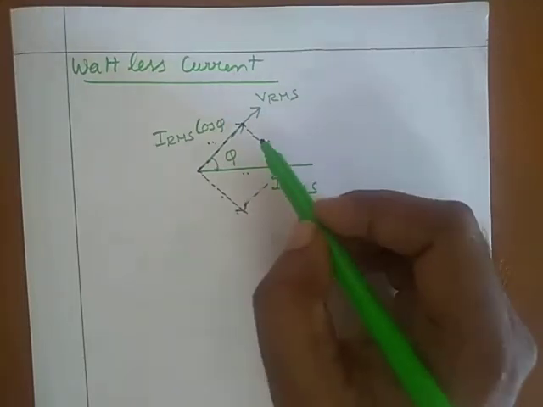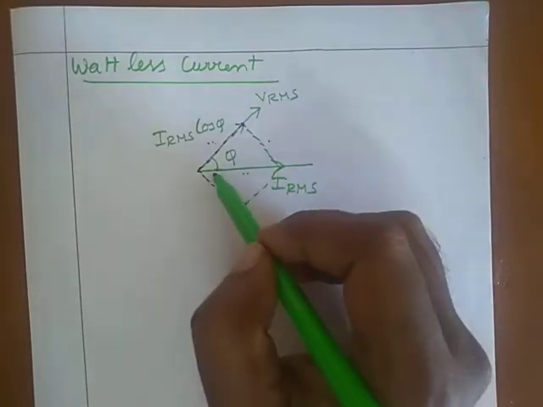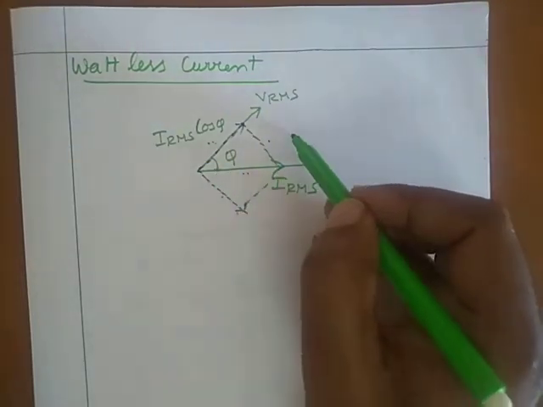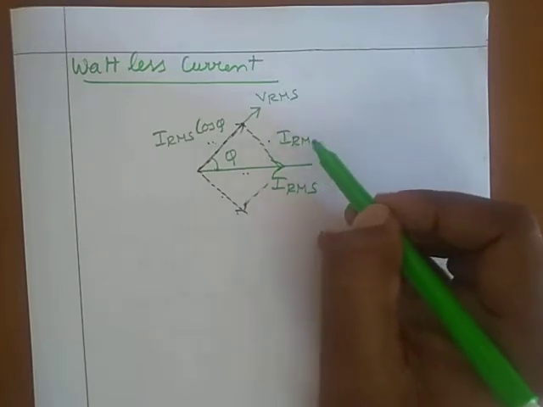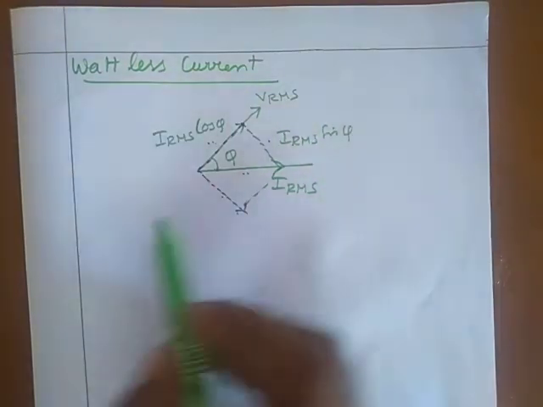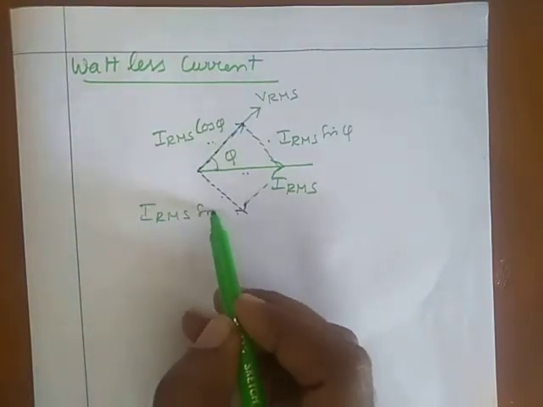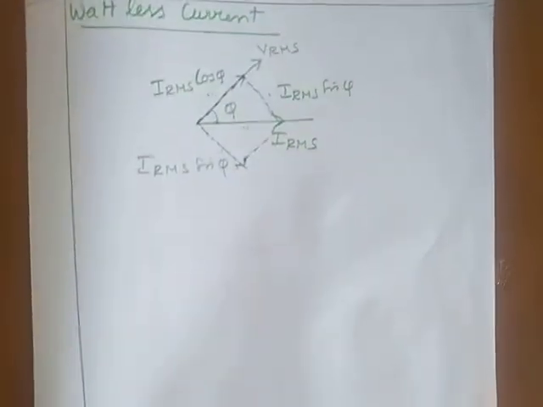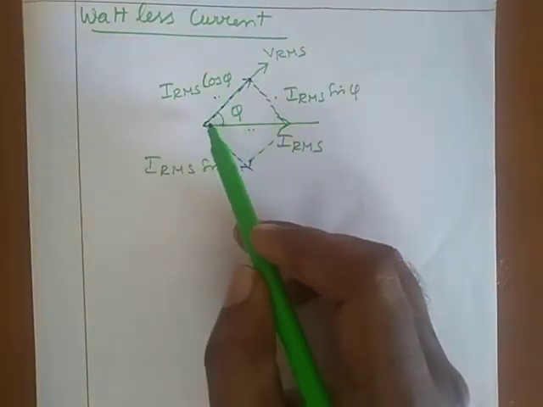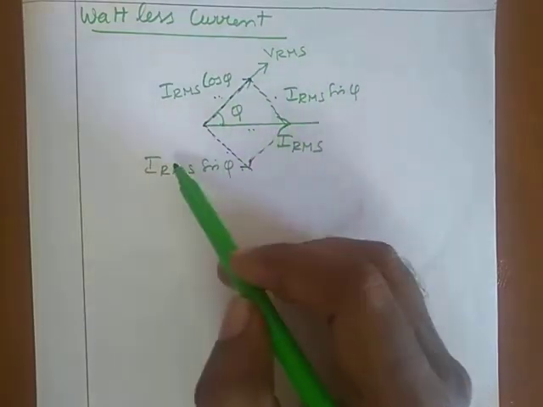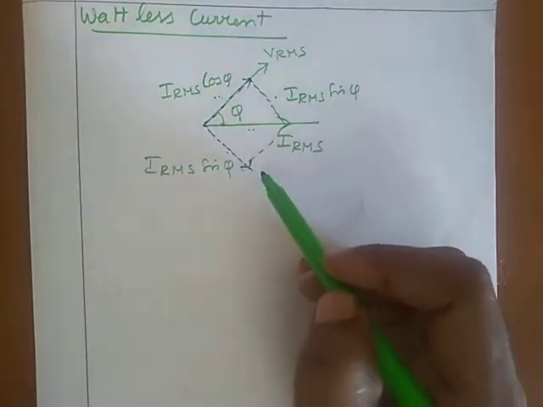For this one, the opposite side is equal to hypotenuse into sin theta, that means Irms sin phi. So this component is Irms sin phi. Here Irms cos phi is a component that is along the axis of Vrms, but Irms sin phi is a component that is perpendicular to Vrms.